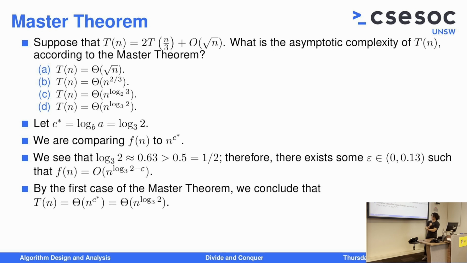And this falls into the first case of the Master theorem. We just apply the Master theorem, and this gives us that T(n) is equal to big theta of n to my critical exponent, which is n to the log base 3 of 2. Does that make sense, guys?